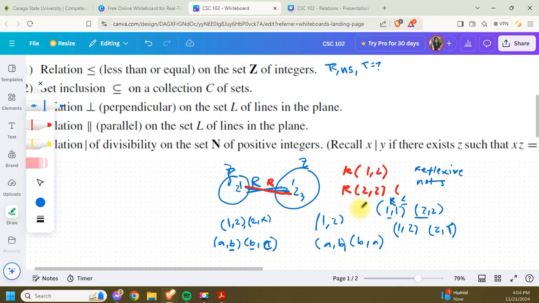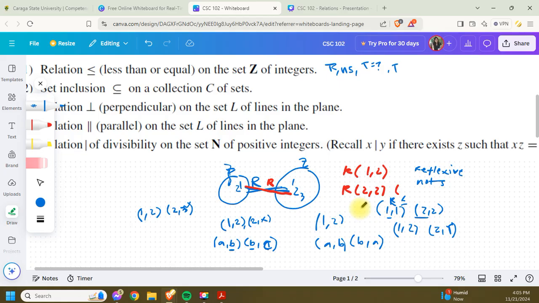Is this relationship here transitive? Thumbs up if you think this is transitive, thumbs up if you think this is not transitive. Yes, this is actually transitive, because if there exists a (1, 2), there also exists a (2, 3), since 2 can be less than 3, and so on.